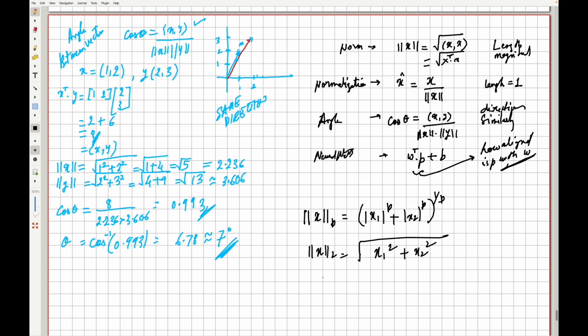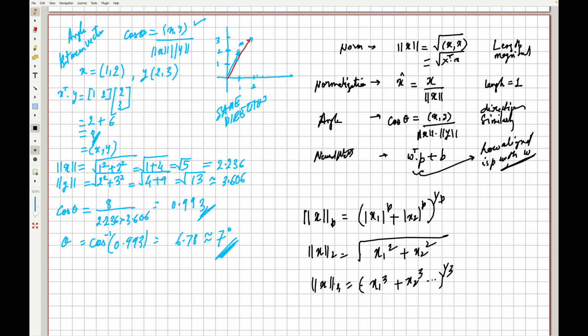So if you are looking at the norm with p equal to 3, then this would be x1 raised to power 3 plus x2 raised to power 3 and so on, and then this would be 1 by 3 right here. So depending on the use of norms, different types of norms are available that can be used.